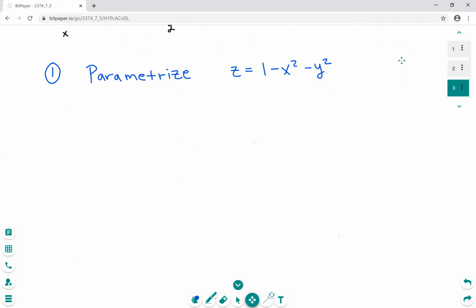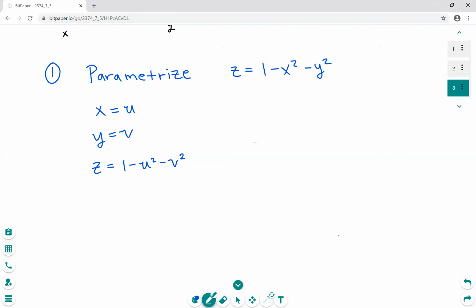Since we already have the equation z equals 1 minus x squared minus y squared, you could do, of course, x equals u, y equals v, and then z, you already have the equation in terms of x and y, so 1 minus u squared minus v squared. And that'll work. So, of course, feel free to work it out using this parameterization on your own, and then see if you get the same thing that we get at the end.